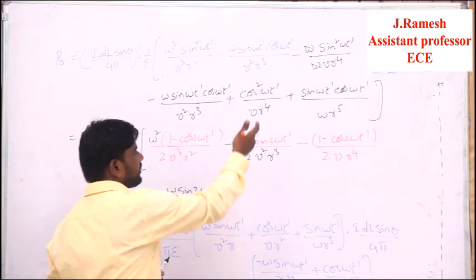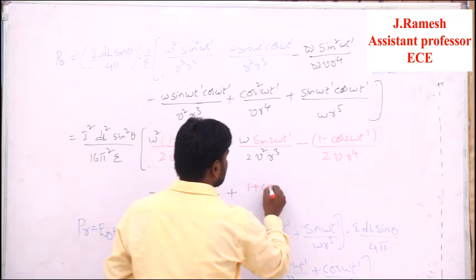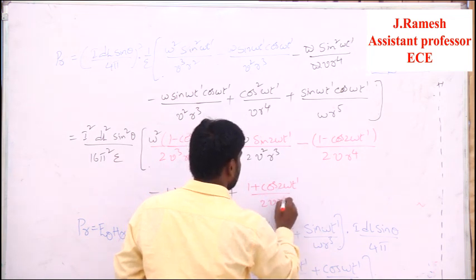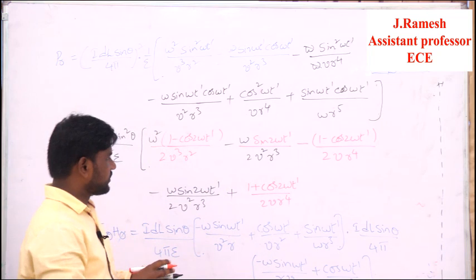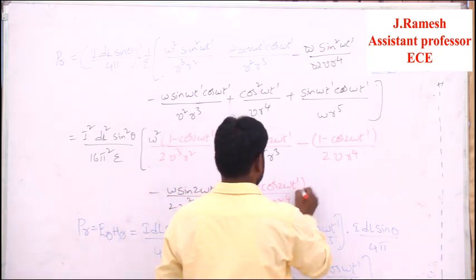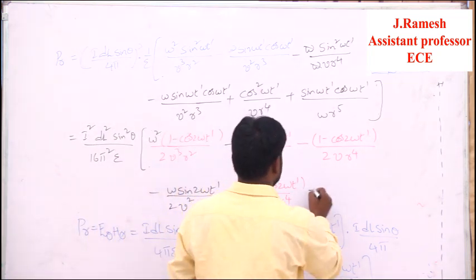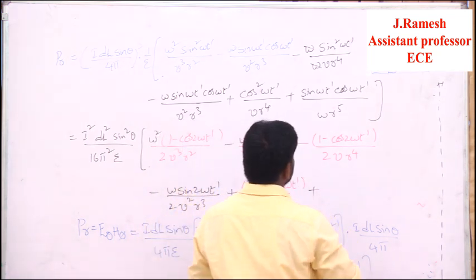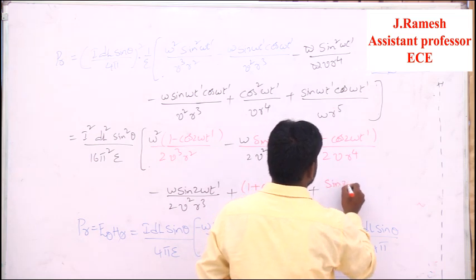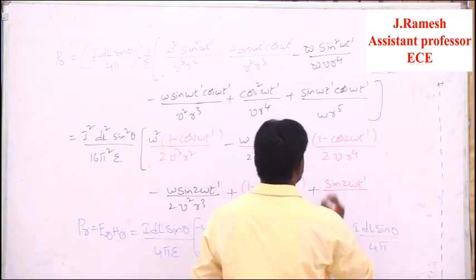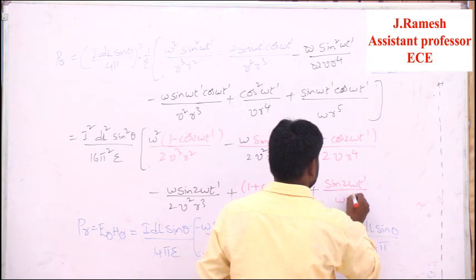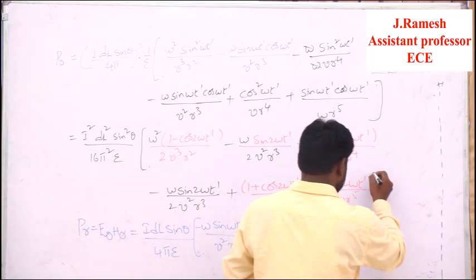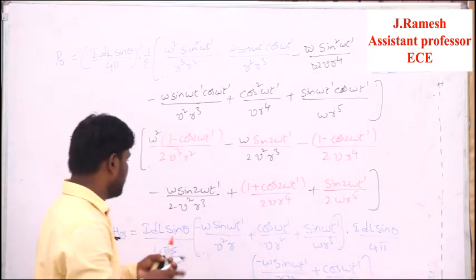What is cos square omega t dash again? 1 plus cos 2 omega t dash by 2 into v into r to the power of 4. The last term also you can write simply plus into 2 by 2. Now I will get sin 2 omega t dash by omega into r to the power of 5, and by 2 term will come. So this is exactly the simplification.